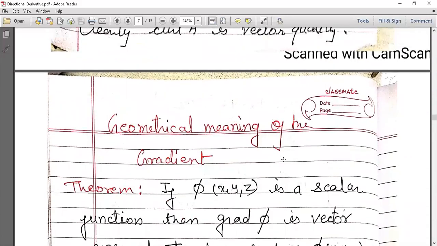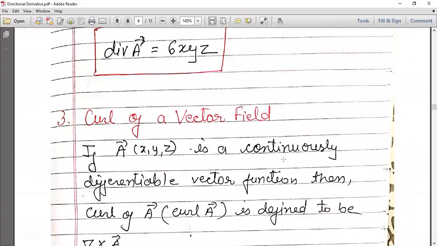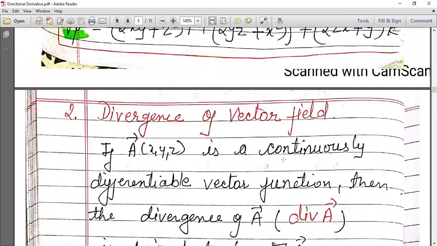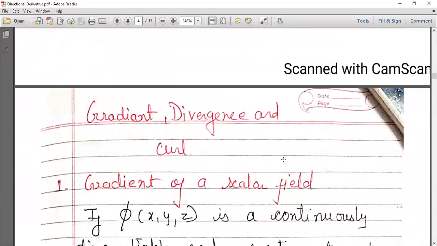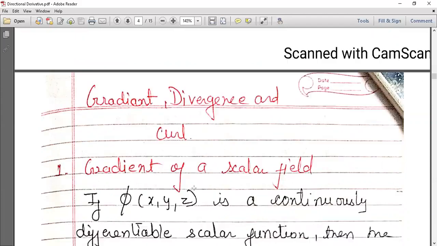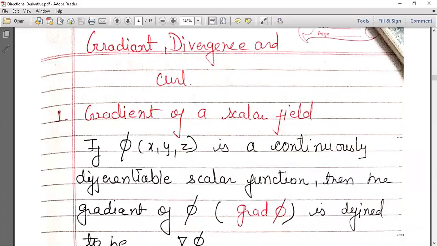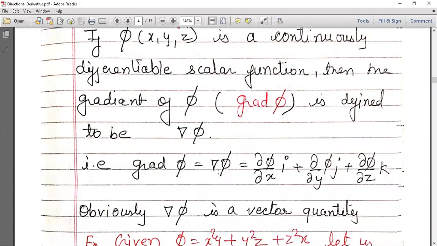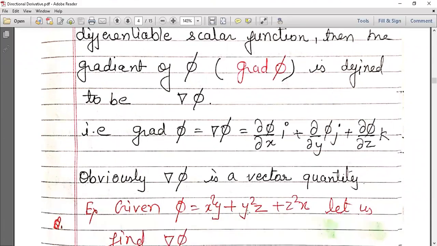Now I have explained how to find the gradient of a scalar point function, the divergence of a vector point function, and the curl of a vector point function. This is how we mathematically calculate gradient, divergence and curl. Gradient is directly del phi, applied to a scalar quantity to convert it into a vector.